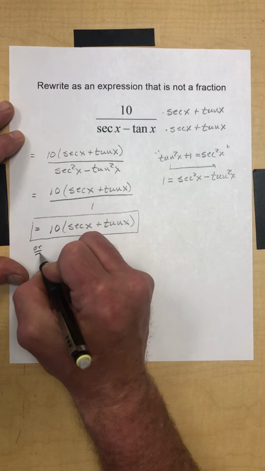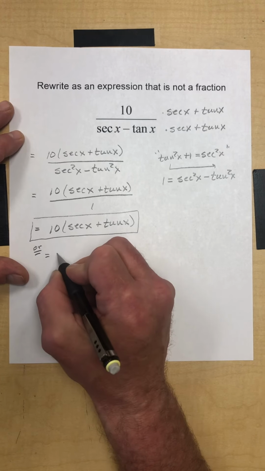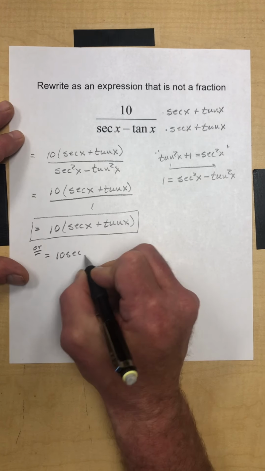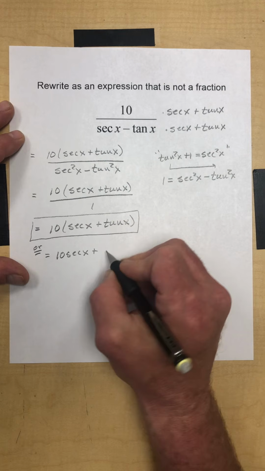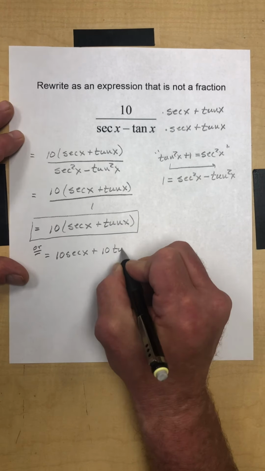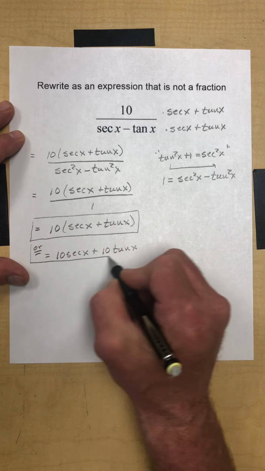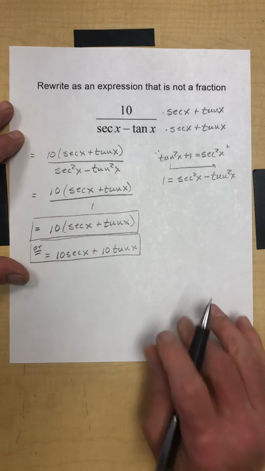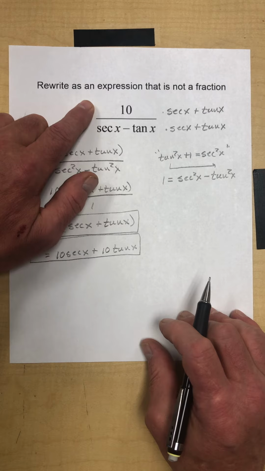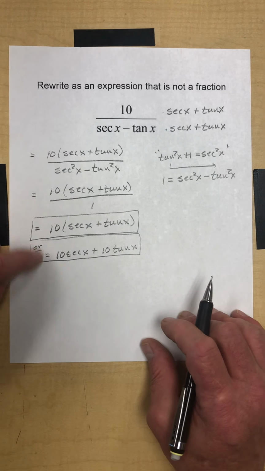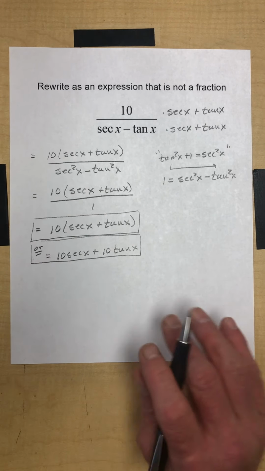If you wanted to use the distributive property, we could write this as 10 secant of x plus 10 tangent of x. Either one of those would be 100% correct. And again, notice all it's asking us to do is rewrite it so that it's not a fraction. Well, it's not a fraction anymore, so we're in good shape.